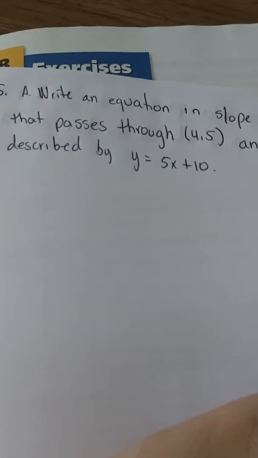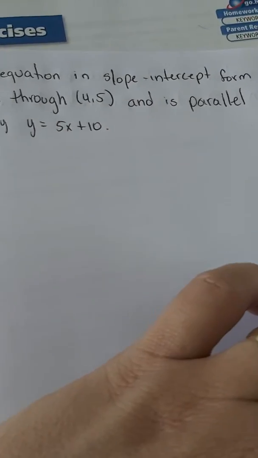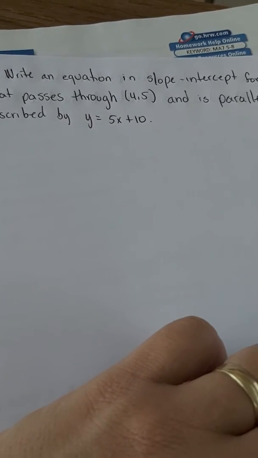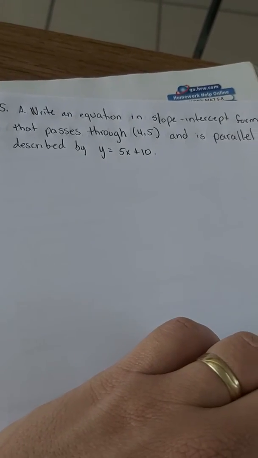Now, example 5, the last example. It says, write an equation in slope-intercept form for the line that passes through (4, 5) and is parallel to the line described by y equals 5x plus 10. So they want us to write an equation in slope-intercept form, y equals mx plus b.